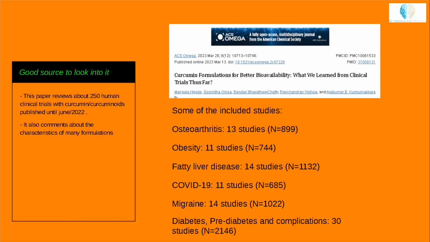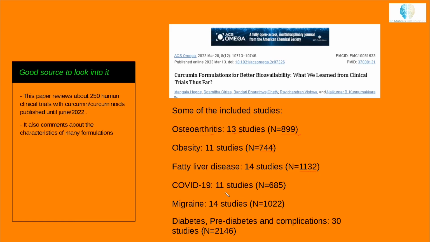So, for example, in this paper, it shows that for osteoarthritis, until June 2022, we had 13 clinical studies with 899 patients. For obesity, 11 studies with 744 patients. For non-alcoholic fatty liver disease, 14 studies with 1,132 patients.